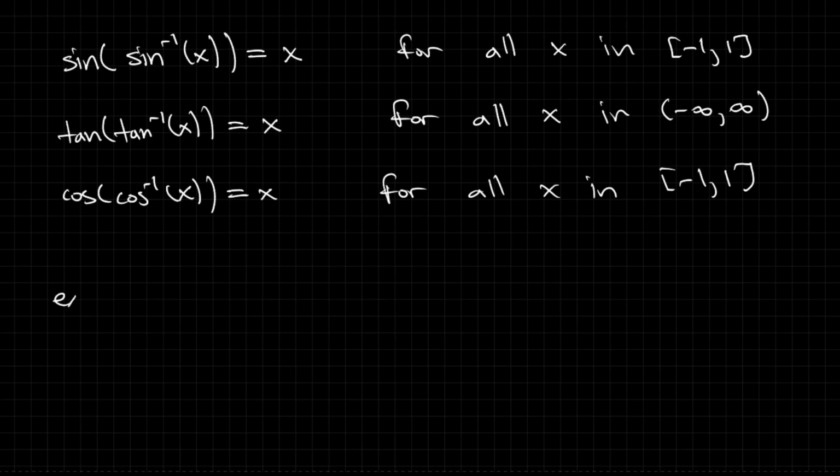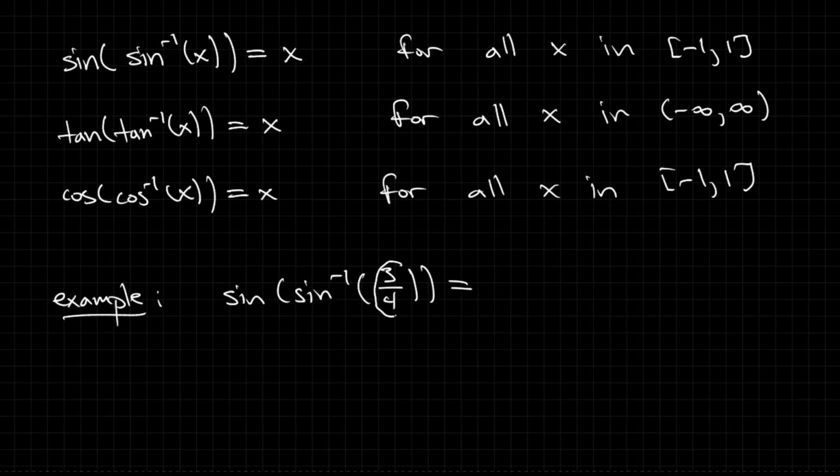So if you ever come up to a problem that asks you to do something like, let's say, sine of sine inverse of 3/4, then you can do this quite quickly just by asking, okay, is 3/4 in the domain of my inverse sine function?